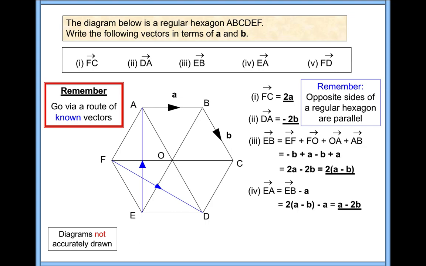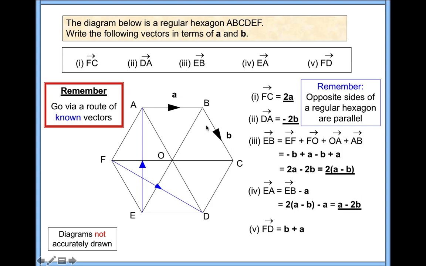Vector FD means you will go from vector FE plus ED, because you know vector FE, right? Side BC of the hexagon and side FE are opposite.